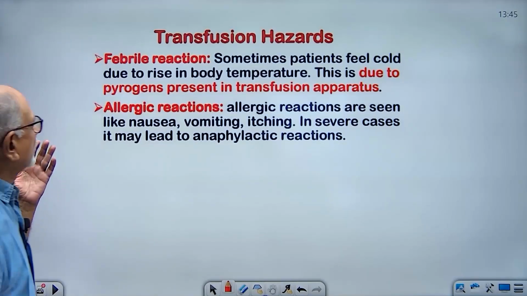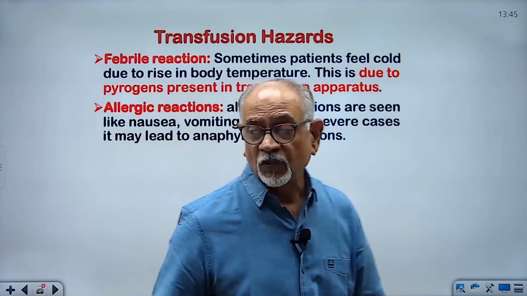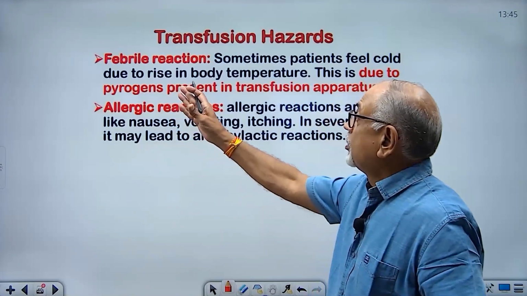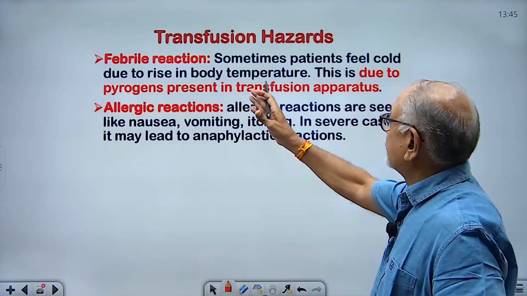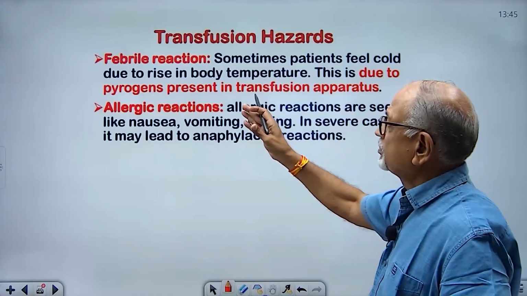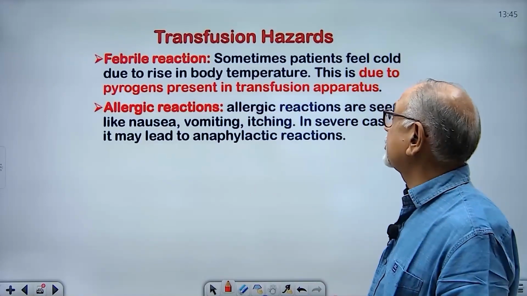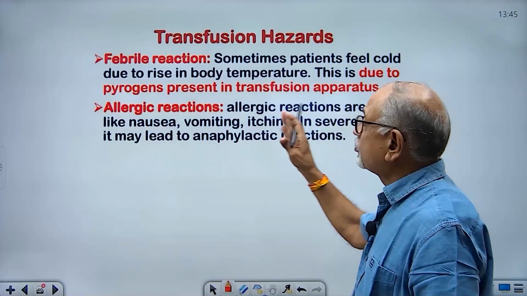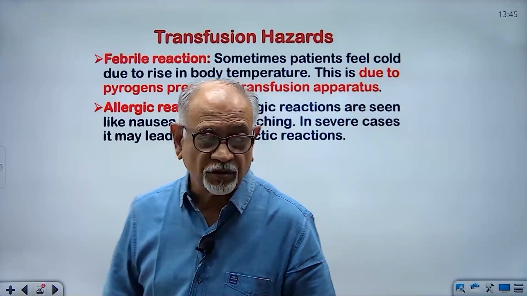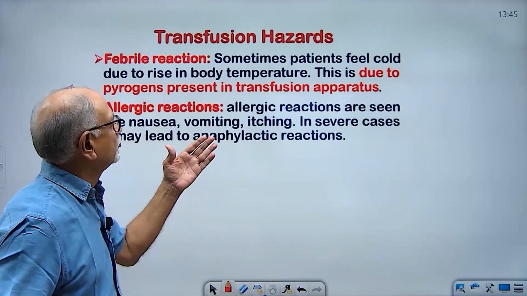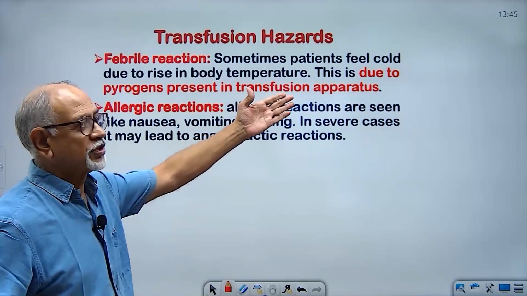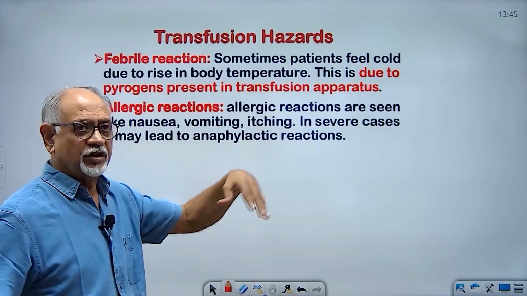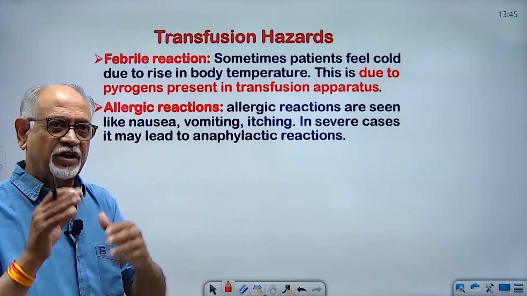Some other hazards include the febrile reaction. Sometimes patients feel cold due to rise in body temperature. This is due to pyrogens which are present in the transfusion apparatus. You know, when the blood is given, apparatus is used for that.